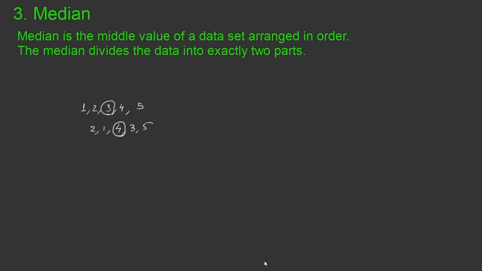So I have to say the data must be arranged in order. In order here means in ascending or descending order. Thus, median is the middle value of a data set arranged in order. The median divides the data into two equal parts.